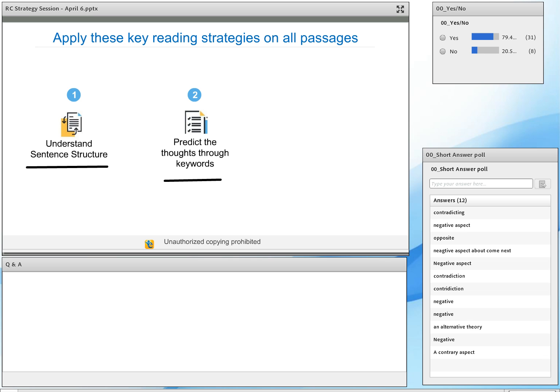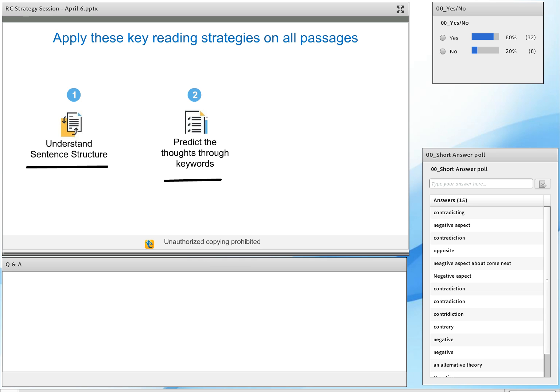Now, if you already know that what's going to come next is that negative aspect, then when you read that negative aspect, you're welcoming that thought in a lot better manner. You are ready to absorb that thought in a much better manner.